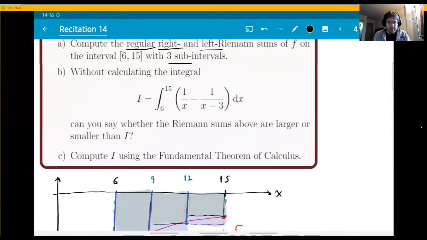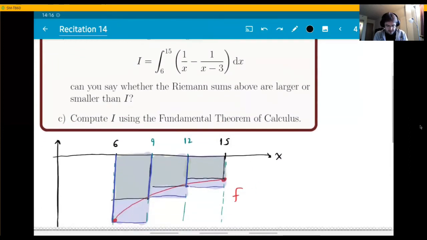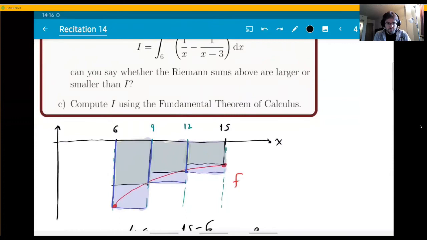Without calculating the integral, this integral, the integral of the function f between 6 and 15, can you say whether the Riemann sums above are larger or smaller than this integral I? So that goes back to my drawing here. We can see from the drawing, the right Riemann sum, in this case, is also an upper Riemann sum.